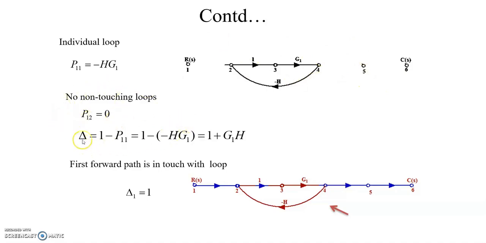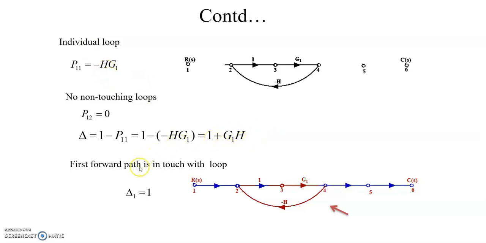Now, what is the delta? Delta is nothing but 1 minus the individual loop gains plus the 2 non-touching loops, minus 3 non-touching loops if it is possible for the problem. Here the 2 non-touching loops are not there, so it is only 1 minus P11. So 1 minus of minus G1H is equal to 1 plus G1H.